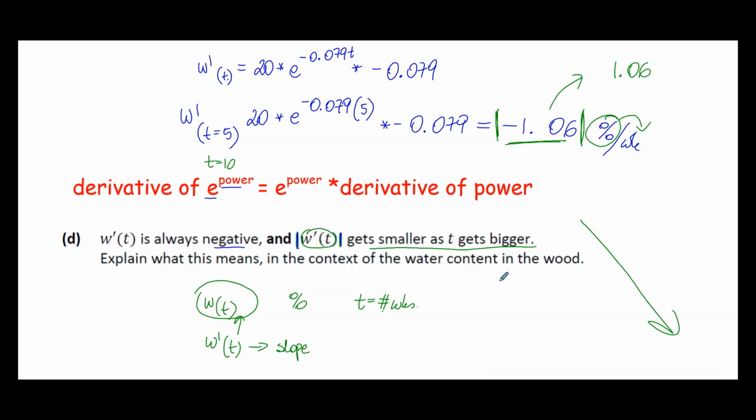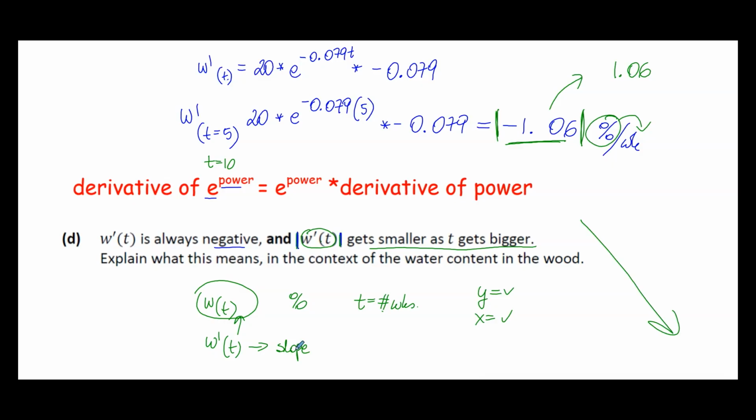But when you have a question like that, what do you need to remember to mention? You have to mention what the value of y and the value of x are in the context of that particular question. So here we are mentioning percentage of water, here we are mentioning number of weeks. Then the other thing, we are tying it with the derivative. For the derivative, we can be talking about the slope, if that makes it easier for you.